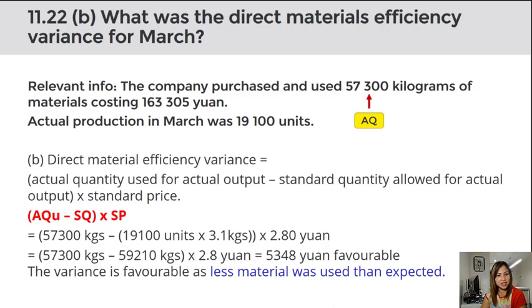Therefore, the variance is in total 5,348 yuan favorable. Why is it favorable? Because the actual quantity that you use in the production is less than the standard quantity that you allow for that level of production. Therefore, the variance here is favorable.